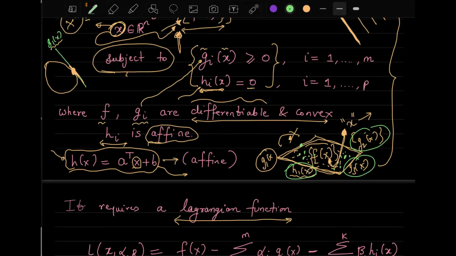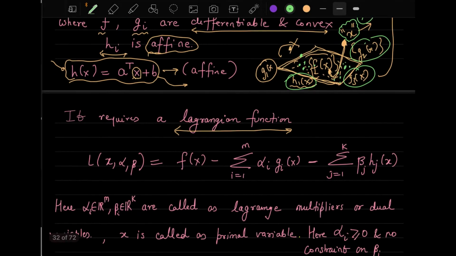So in order to find the minima of this function fx, and the value you will get is x optimal here, the standard way is using the Lagrangian function.